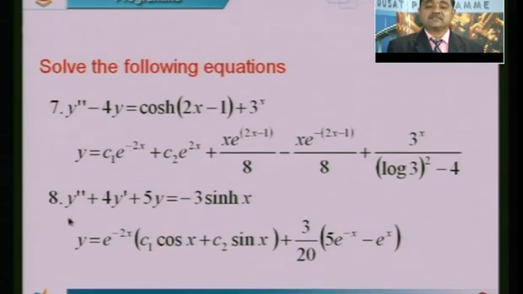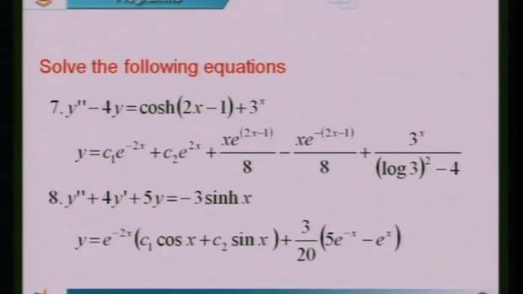Let us take first this 8th one, that is minus 3 sin hx on the right hand side. Because the next problem, 3 power x, again it has an idea. So first let me clear you about the one hyperbolic function which is sine hyperbolic.